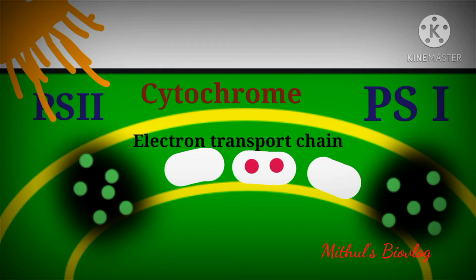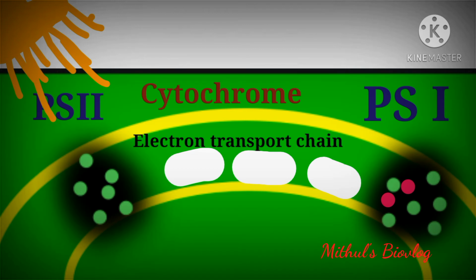Likewise, there is a formation of a chain of electron acceptors to carry the electron to the next photosystem, that is photosystem 1. So we can see an electron transport chain with cytochrome forming a system, and thereby the electron reaches photosystem 1.